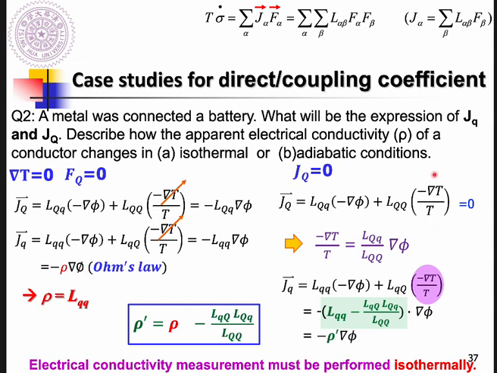If other driving forces exist, for example a temperature gradient, that will affect the accuracy of your electrical conductivity measurement. So electrical conductivity measurement must be performed isothermally. This is quite an important suggestion for measurement.